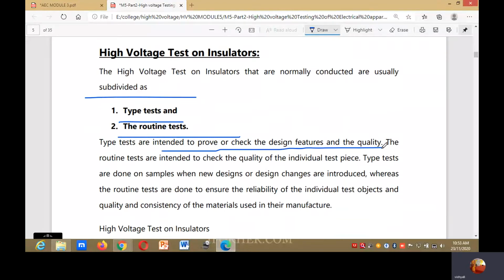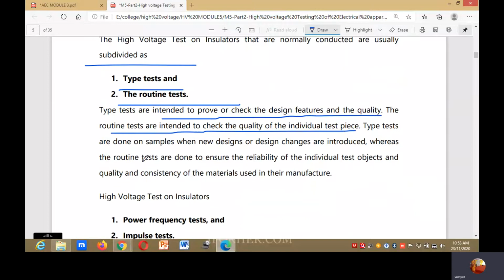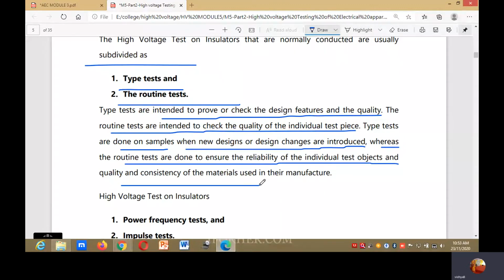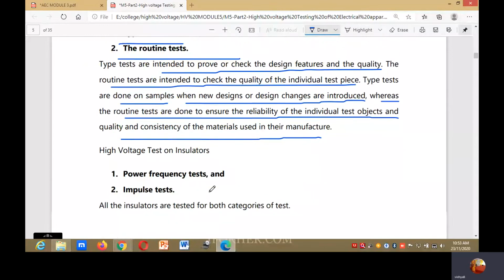Routine tests are intended to check the quality of the individual test piece. Type tests are done on samples when a new design or design changes are introduced, whereas routine tests are done to ensure the reliability of the individual test objects and the quality and consistency of the materials used in manufacture.